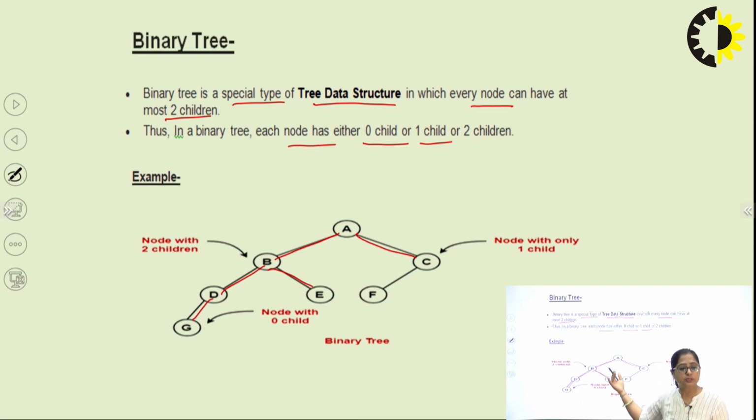Here 0 child, here 1 child. So a binary tree is a tree data structure which has either 0 child or 1 child or maximum 2 children, not more than 2 children.